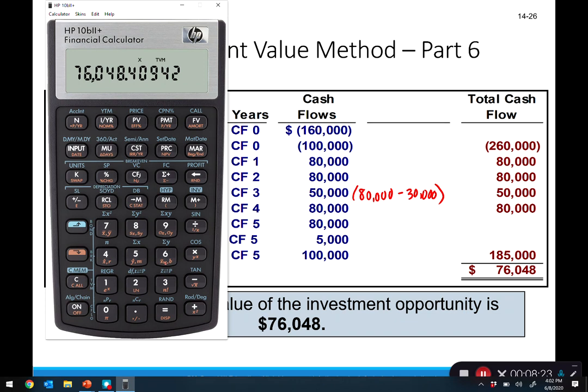Because all the data is in here and I haven't erased it, all I have to do is hit the shift button and then the CST button, which if you look, it says IRR a year underneath. And that'll tell me the actual return. So I knew I was earning more than 11%, but by using the IRR key in my calculator, I can actually determine the actual return for this opportunity, which is 20.62, certainly more than 11%.